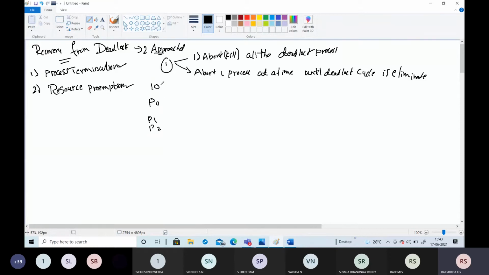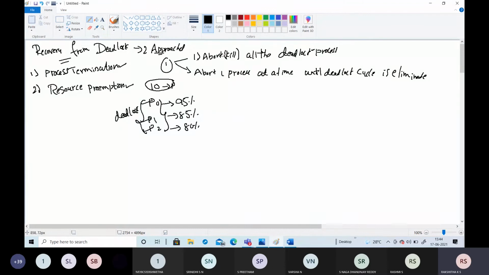Let me take 10 processes, among which 3 have a deadlock, so I have to kill those 3 processes. P0 has executed 95% of its execution using CPU resources, P1 has done 85%, and P2 has done 80%.